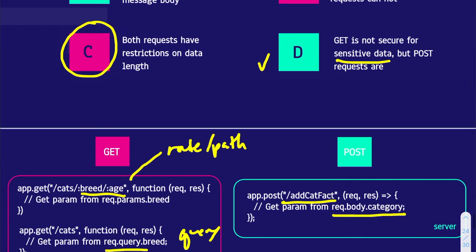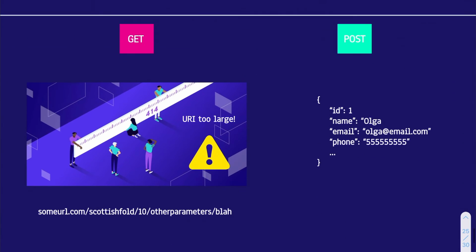So as I've been hitting the nail on the head over and over again, our parameters in GET requests are in the URL. And if you make your URL too long, you'll get what's called a 414 error, where the URI is too large for the browser. If you just kept putting more and more parameters, at some point the browser's going to be like, are you serious, dude?